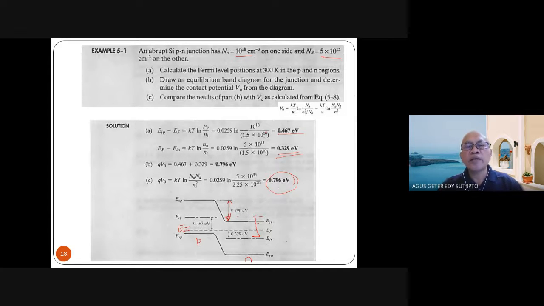Or we can calculate the difference of the Fermi levels of N and P, and then by combination we can get this energy at the equilibrium state. Okay, so this is the example.